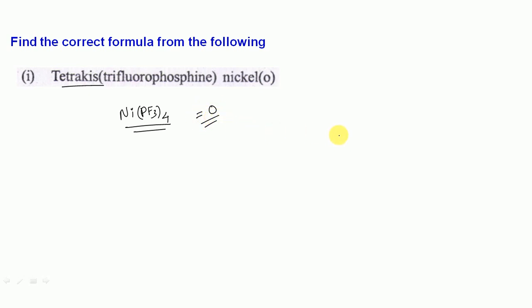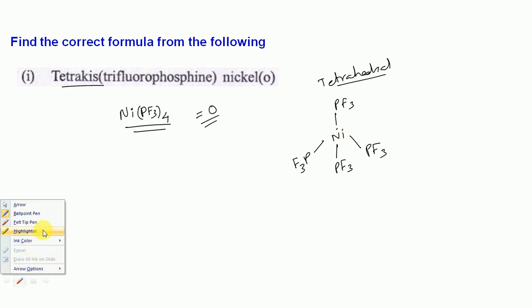So what is the structure? We can write nickel with a tetrahedral structure, with PF3 at each corner.